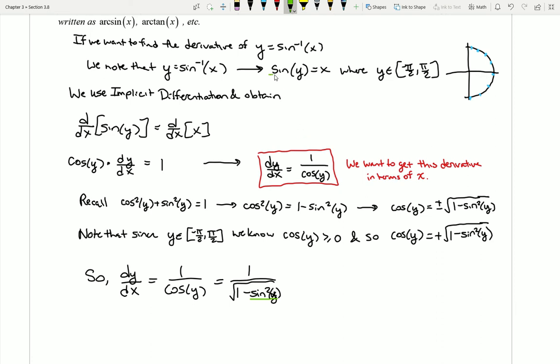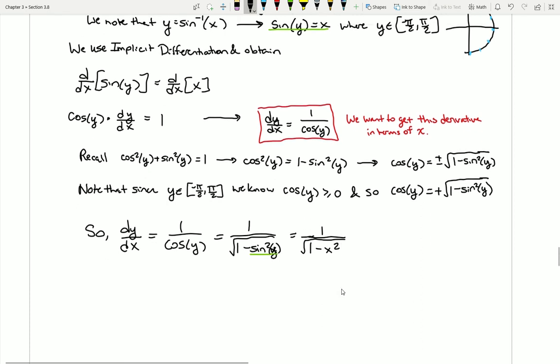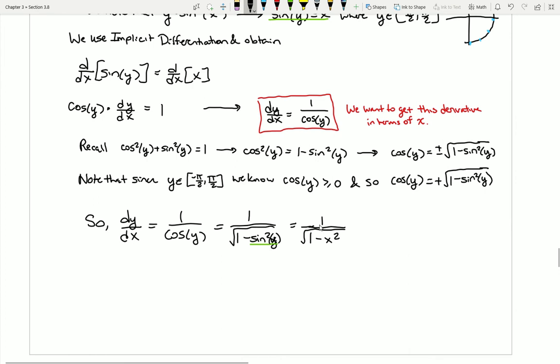Take a look up here. What is the sine of y the same as? We already said that the sine of y was equal to x. And so if I replace sine of y, notice that right now I have sine of y being squared, with x being squared, then I would actually have a derivative that is completely in terms of x.